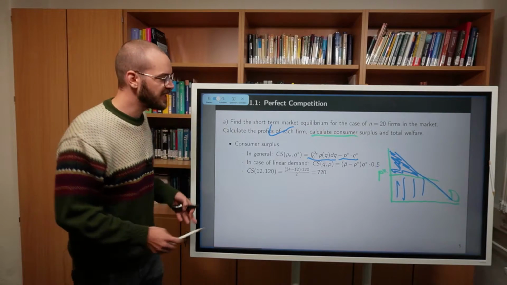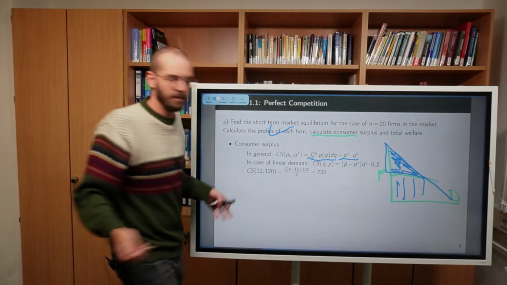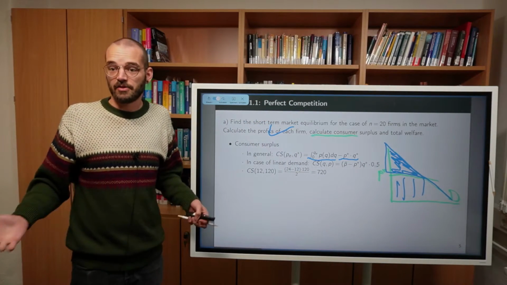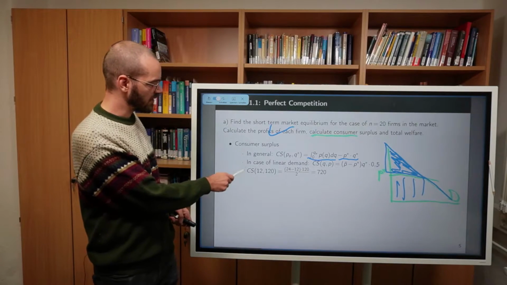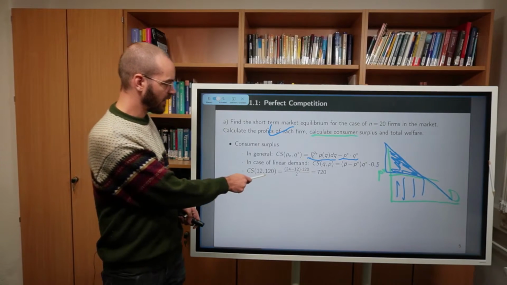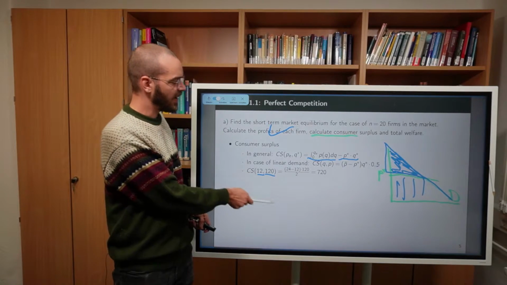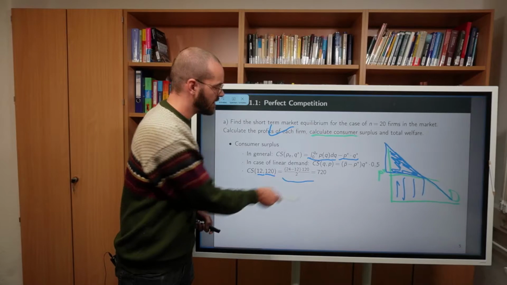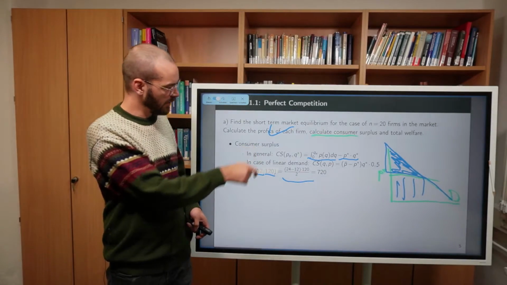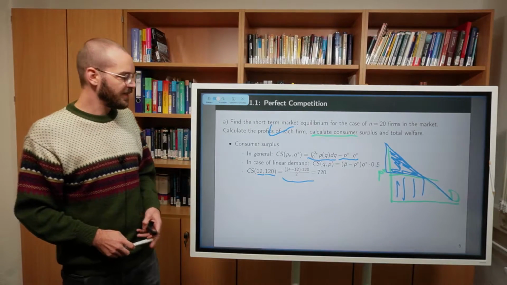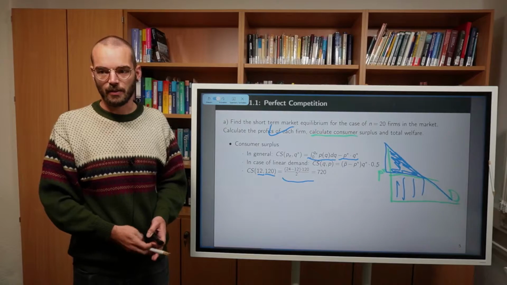We can simply calculate this triangular area as what it is, as a triangle, right? So we can simply calculate the consumer surplus given the price and the quantity in the market by calculating the area of the triangle, which I sketched in blue, and we come to the result that the consumer surplus in this market must equal 720.